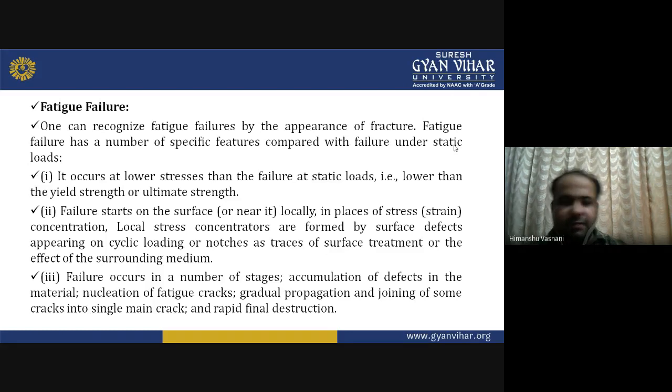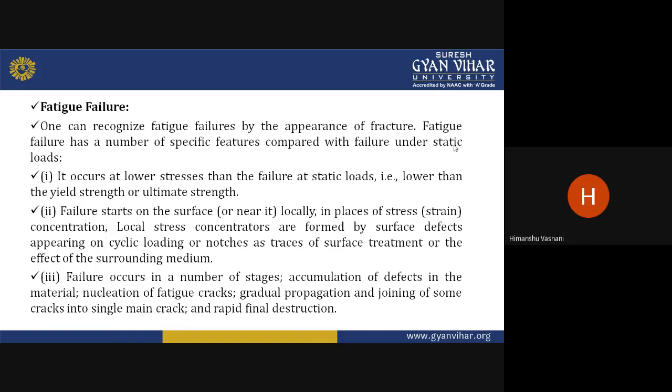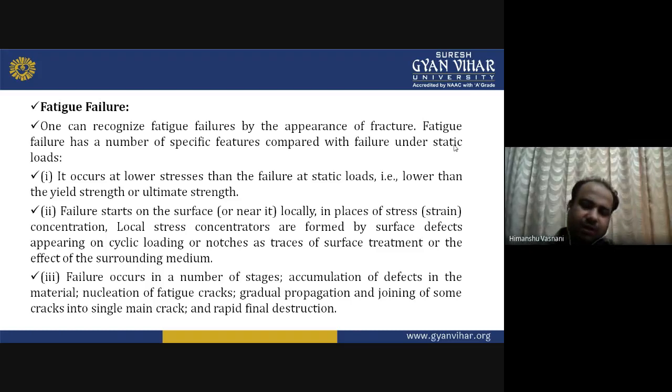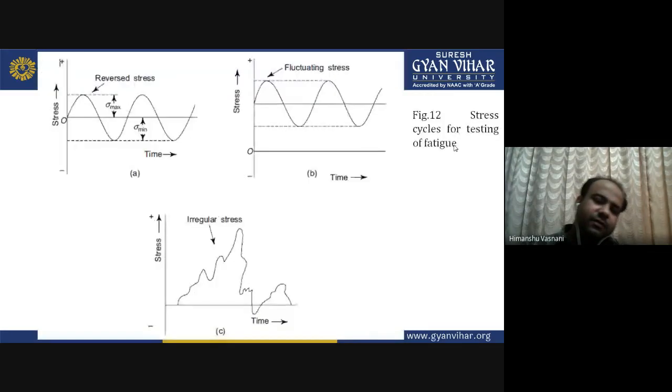We have seen in the lab how the cracks come, how they travel and join at the main crack, and finally rupture in the final destruction. We have seen this while testing.